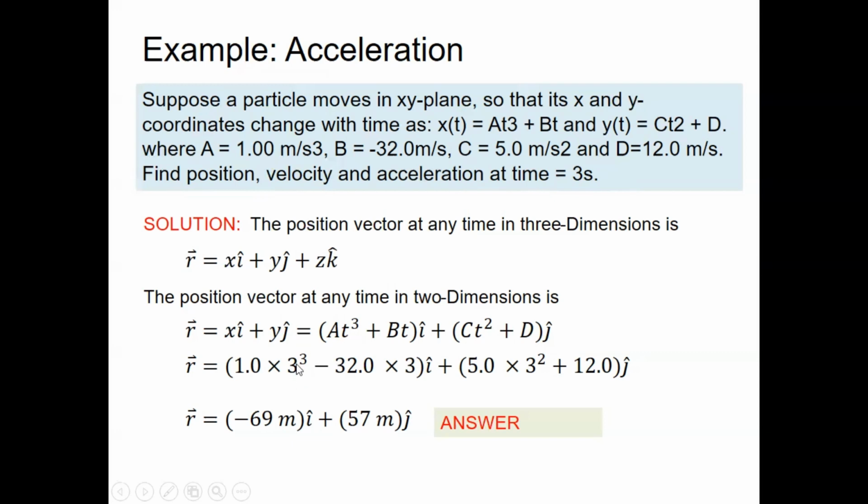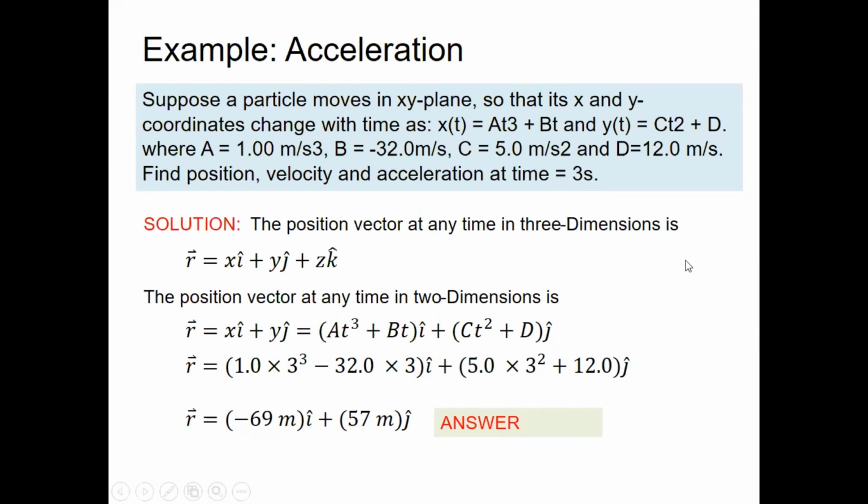So here I write 3 to the power 3, and here I write t as 3, and here t square is 3 square, and so on. Then I simplify this and I reach this result: it is minus 69 meters along the x-axis and 57 meters along the y direction.